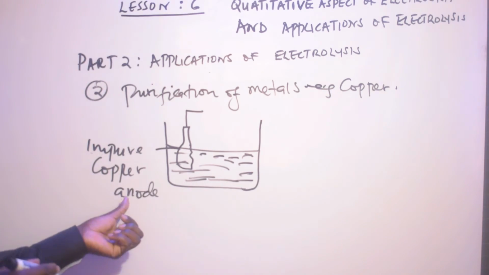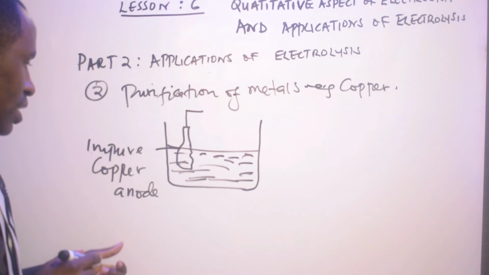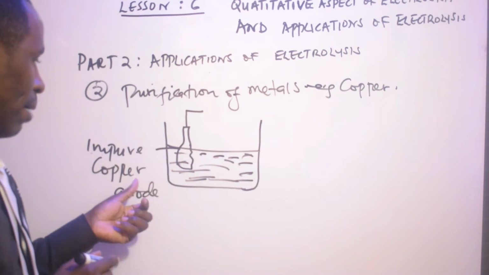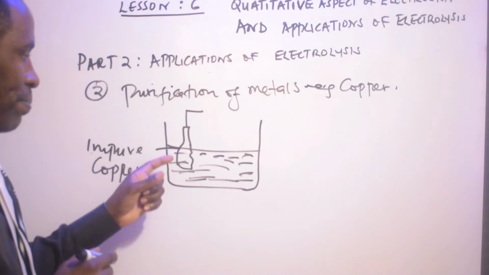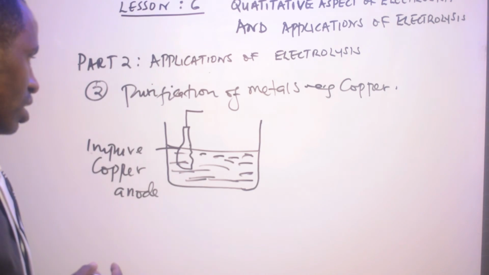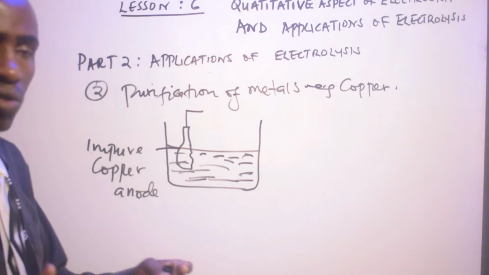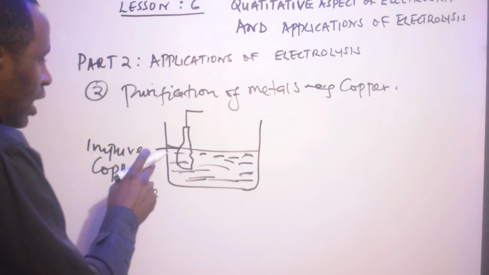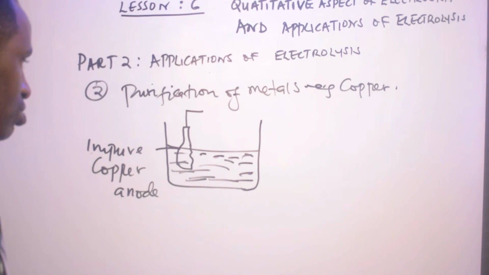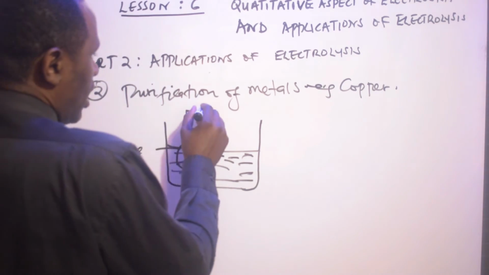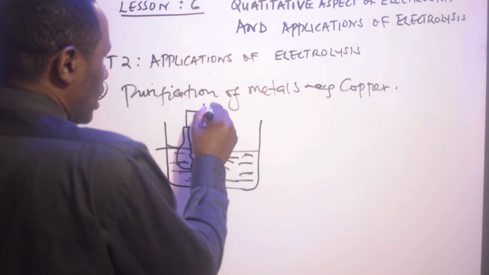For the very same reason that we've discussed here, if you happen to use a metal as the anode, instead of the hydroxide ion being discharged here, that metal will lose electrons and will dissolve. It is actually going to dissolve. Now, what are we going to have at the cathode?